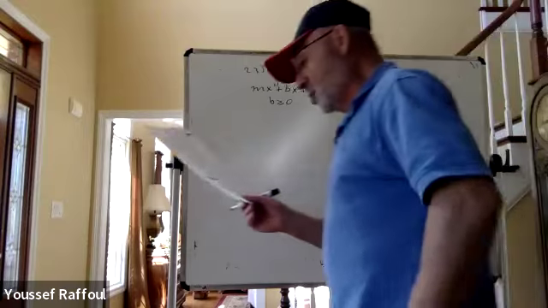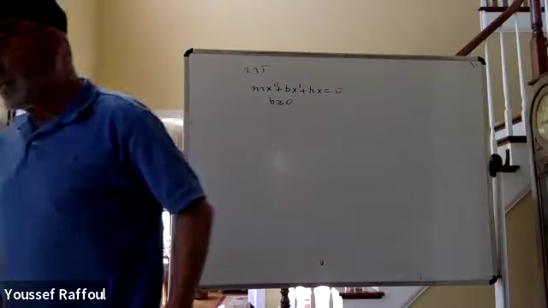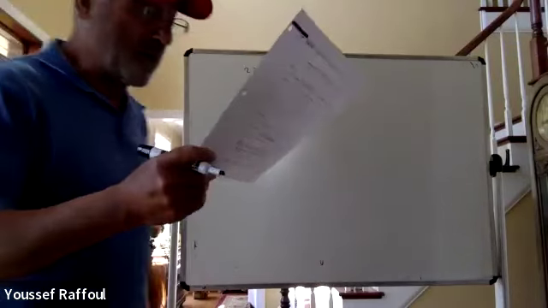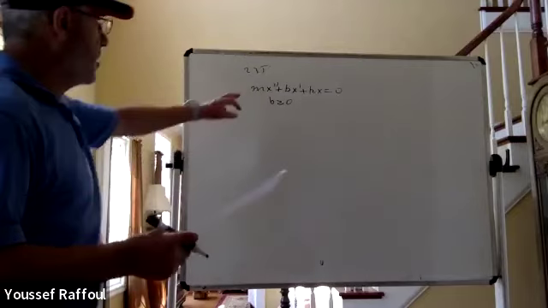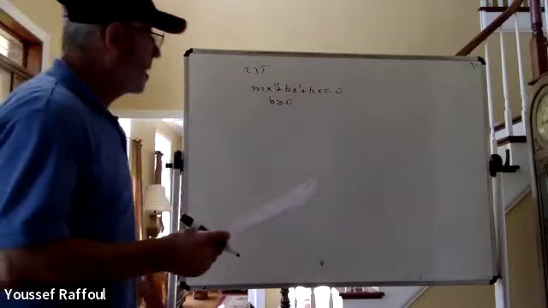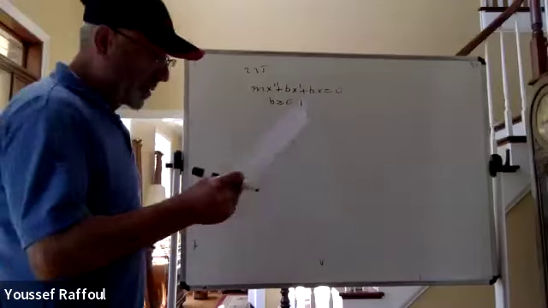Then if we apply Newton's second law to all forces acting on the system, we arrive at the second order differential equation, this one here. So this is a friction here.